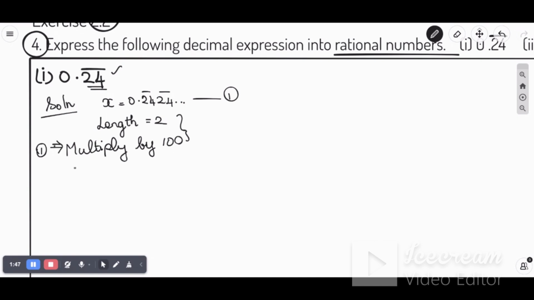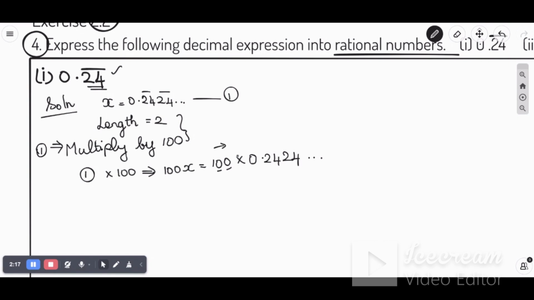So if you multiply 1 by 100, what will you get? Multiply equation number 1 by 100, and what you get is exactly 100x. 100 times x is equal to 100 into 0.24 recurring. Do you remember when you multiply by 100, the easiest way is to move your point 2 digits to the right, since we have got 2 zeros here.